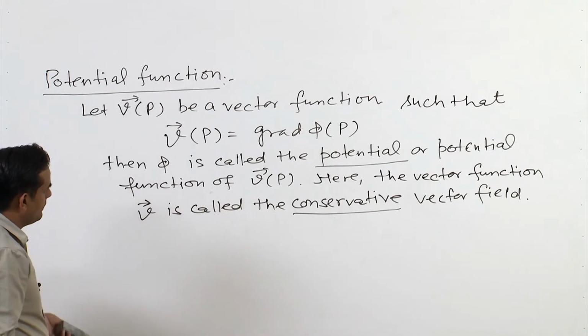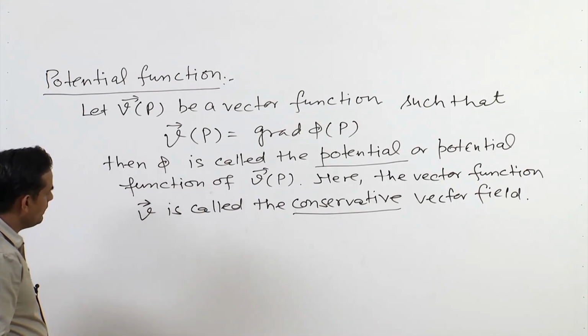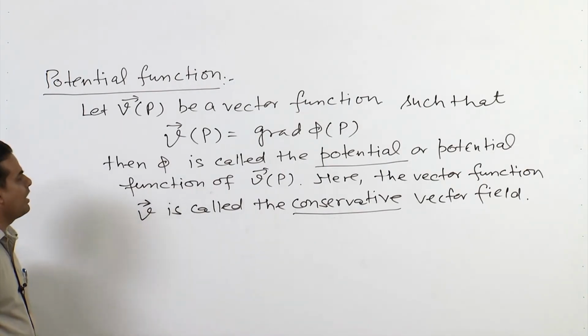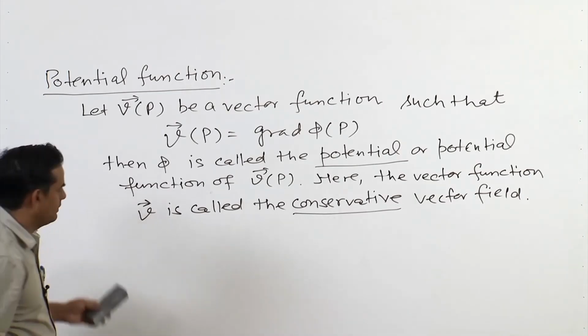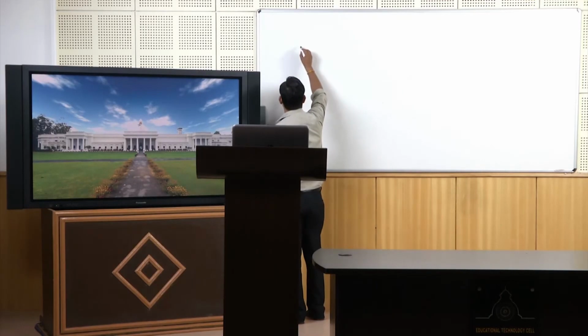So, let us take some examples on this definition and learn how to find the potential function for a given vector function. Let us take the first example.